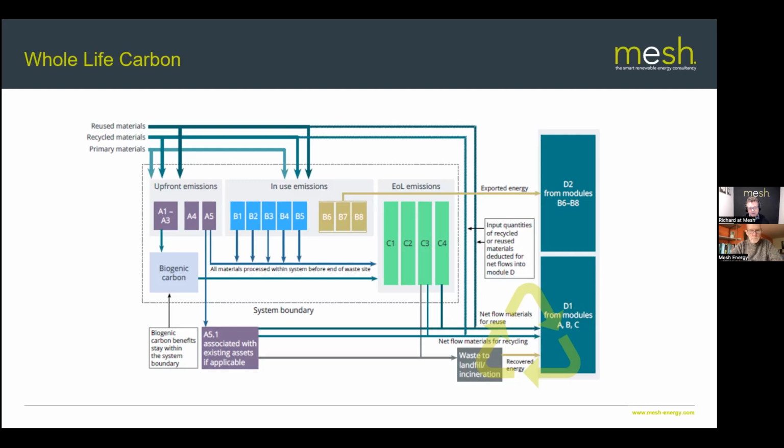So what we're going to see is at stage 2 a lot more holistic whole life thinking about the design of buildings.